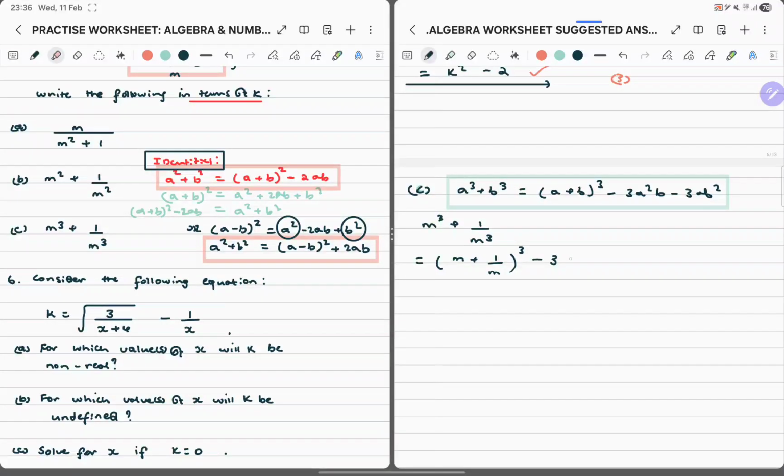So this is basically going to be 3m squared times the other one, times 1 over m squared. So it's basically 3m squared over m cubed, because that's our b over there.